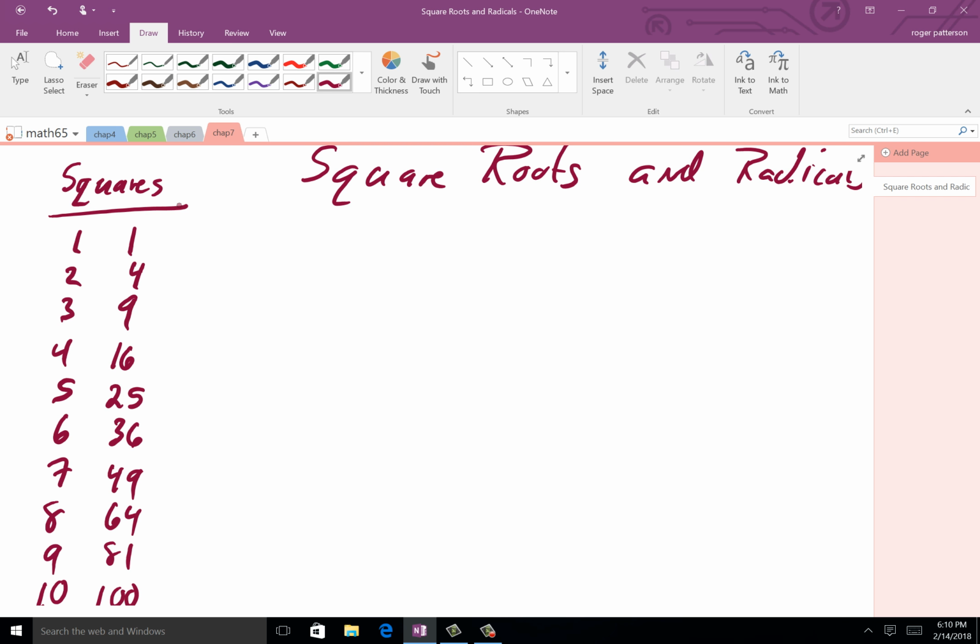I don't know if you can use them on your test, but you'll be able to at least use them on your assignments and so forth. And if you can generate them, that would be great. So it's just 1 squared, 2 squared, 3 squared, 4 squared, 5 squared, 6 squared, and so forth.